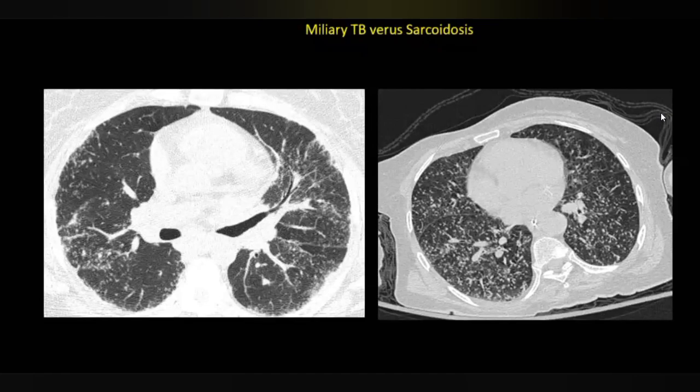On the right hand case here, what do you call this distribution of the micronodules? It's more so the centrilobular pattern. No, it's not centrilobular. The centrilobular pattern should not involve the surface of the pleura, okay?